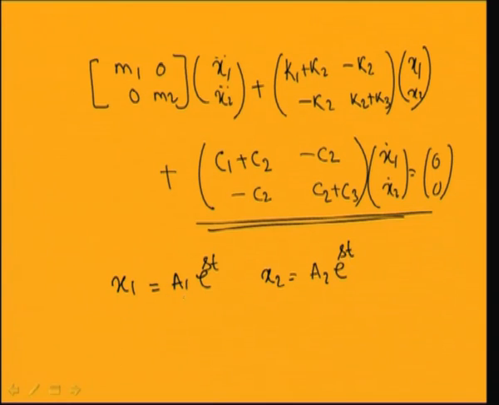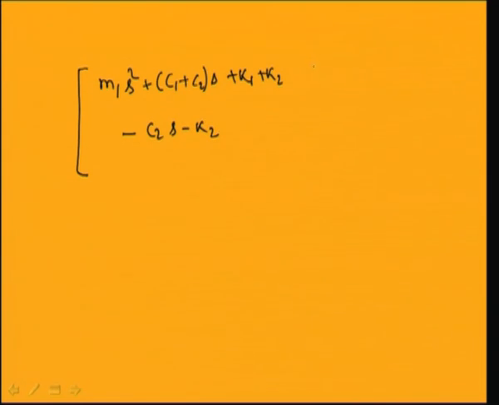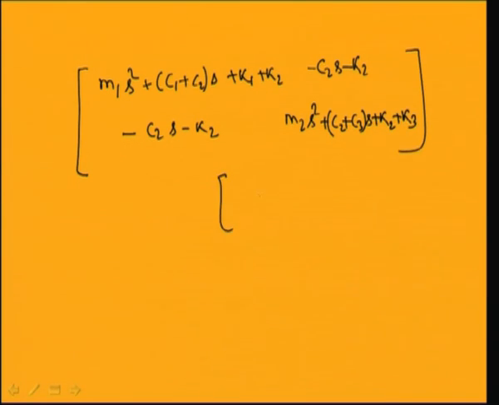If you substitute this in the equation, you can write it in this form: [m1 s squared plus (c1 plus c2) s plus k1 plus k2, minus c2 s minus k2; minus c2 s minus k2, m2 s squared plus (c2 plus c3) s plus k2 plus k3] multiplied by [a1, a2] equal to [0, 0].